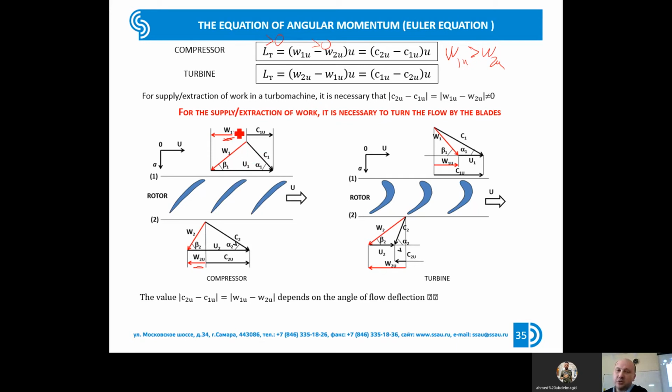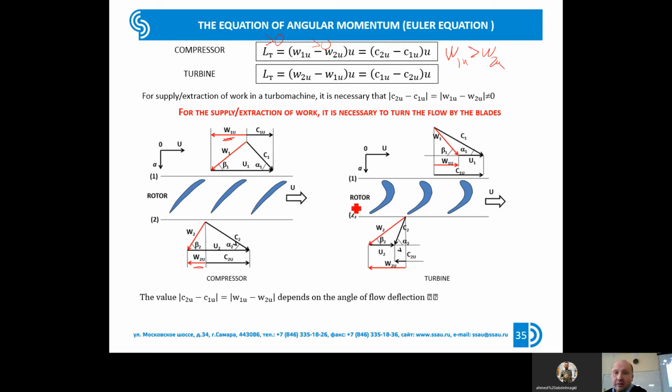If we look at the direction of the vector W1, it could be realized if beta 1 is less than beta 2. You see, beta is the angle between the circumferential direction of the circumferential velocity and the direction of relative velocity.